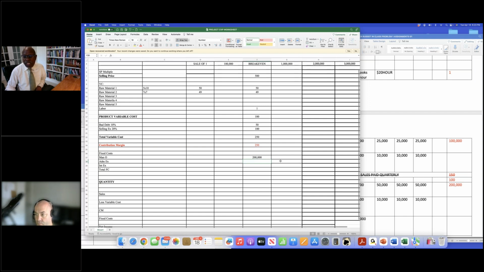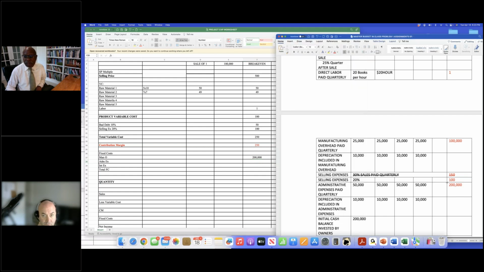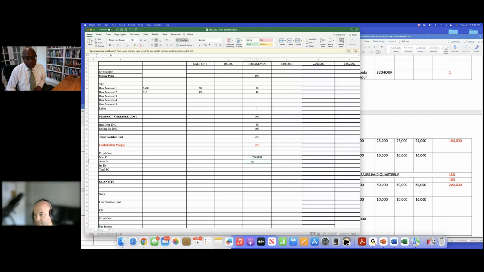Administrative expense? 50, 50, depreciation 50, 50. That's 200,000. Now you're ignoring depreciation right now. The administrative expense in total is 200,000. I put the red numbers there for you.